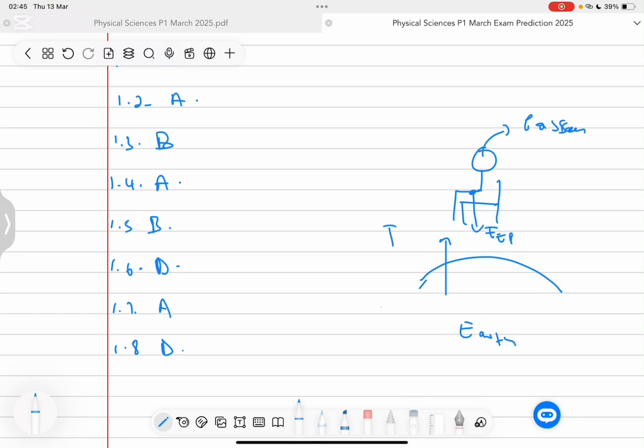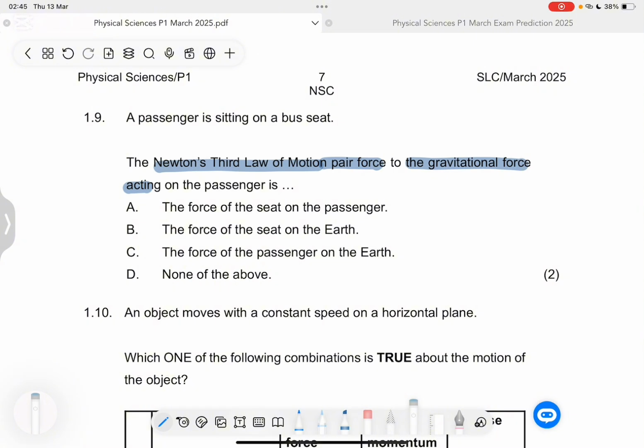So this will be the force of the passenger on the Earth. And remember that Newton's third law pairs of forces act on different objects, since they are interacting objects. So the Earth exerts a force on the passenger, then the passenger will exert the same amount of force on the Earth but in the opposite direction. You can see that this vector is going down but this vector is going upwards. So that's the option that we have to see here. That's a pair that we have to see.